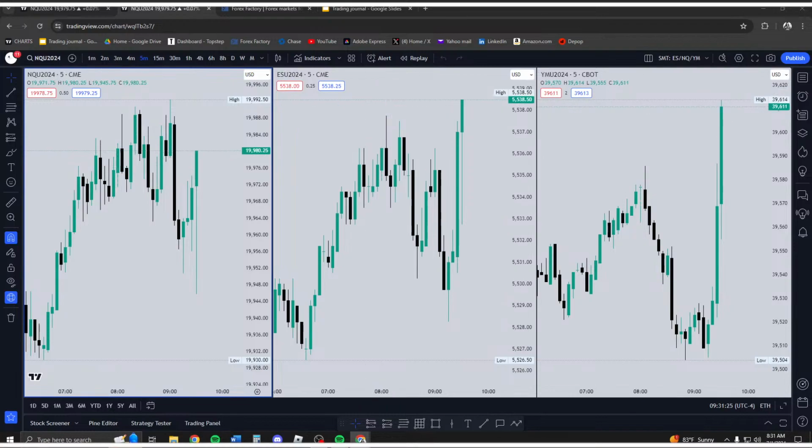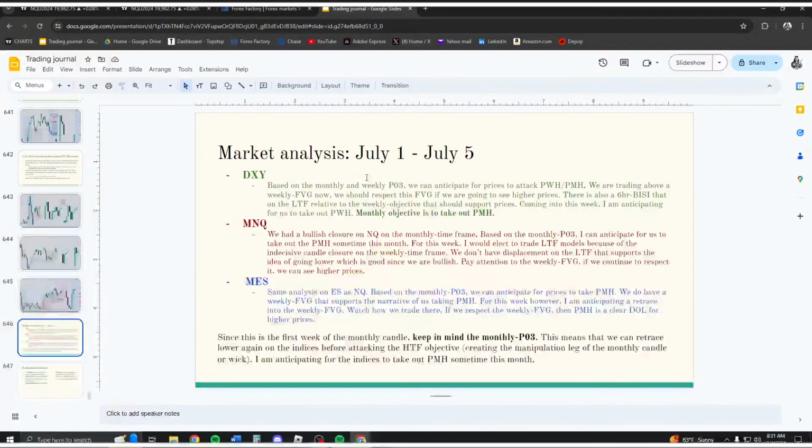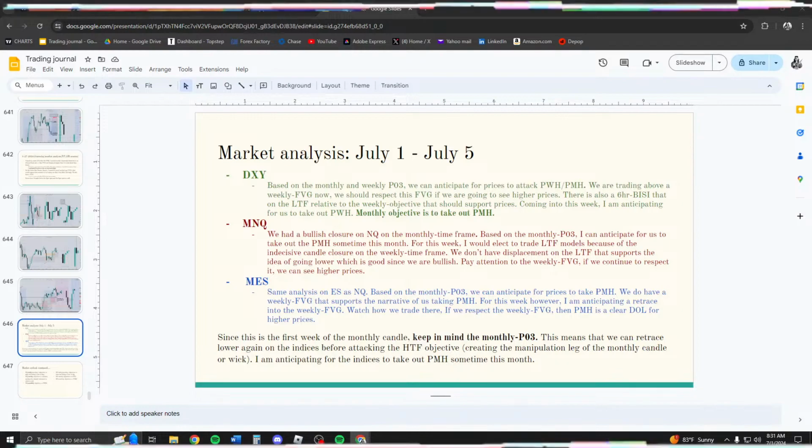Let's see what we're doing on the dollar. So for the dollar, I was anticipating for us to attack previous week's high. Let's see what we're doing on Dixie.